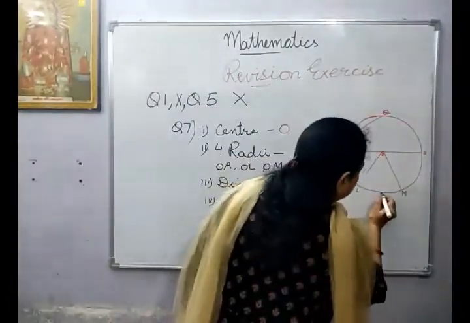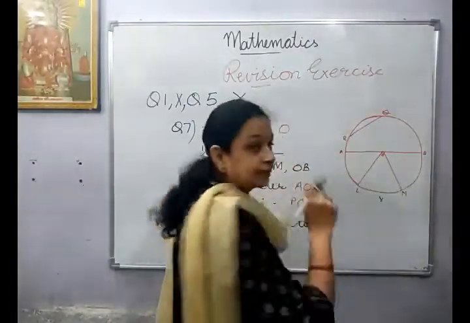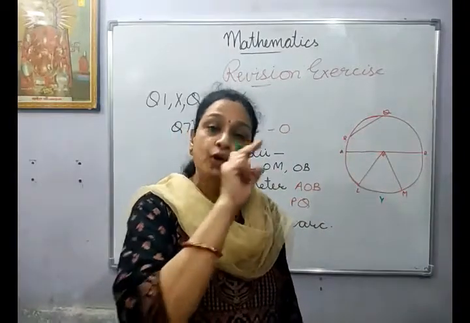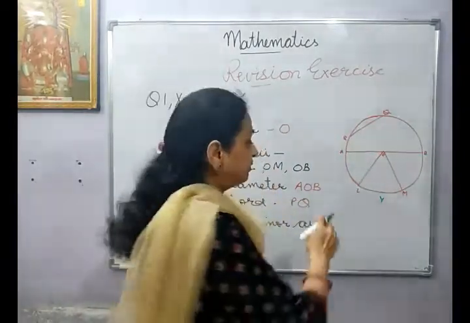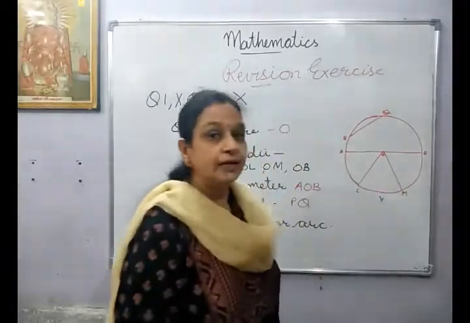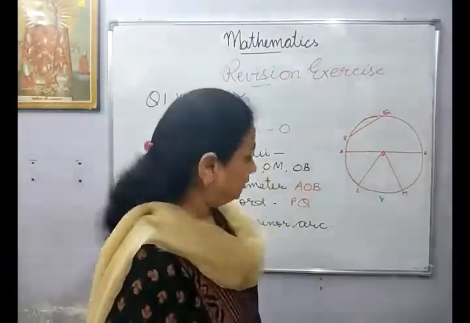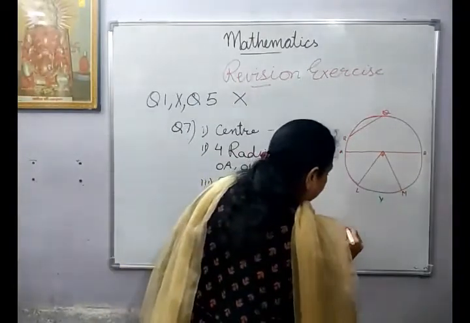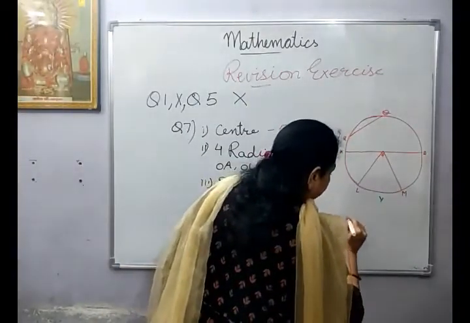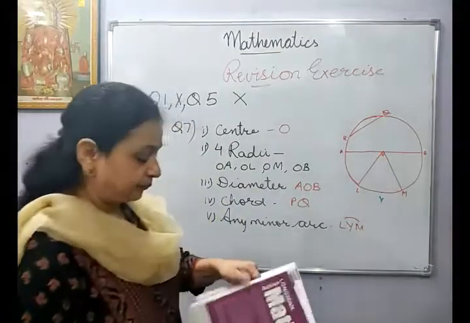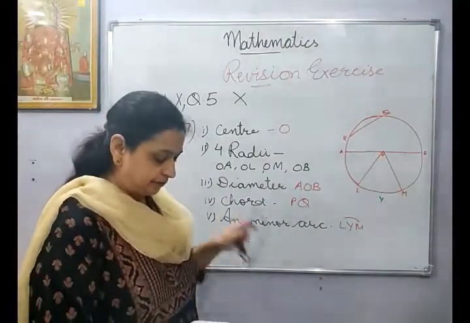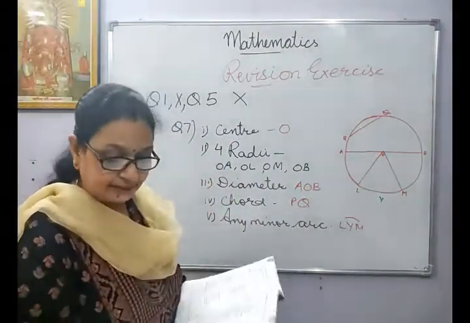Suppose we assume Y over here, to make it clear that this is an arc, a smooth curve. If we write only LM, that's also right, but to make it more clear, we write L-Y-M. This shows the arc.